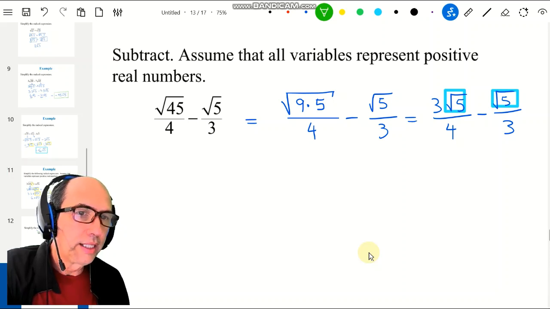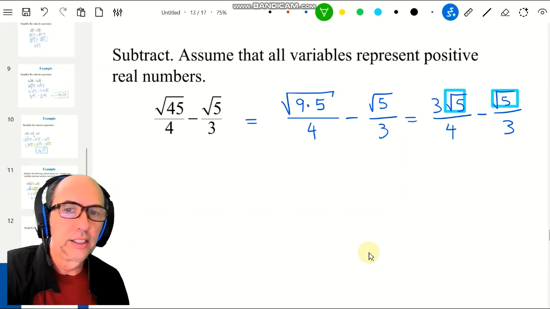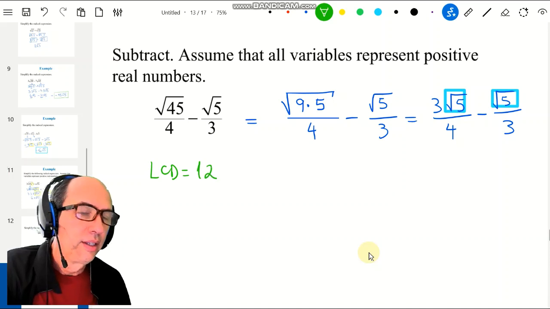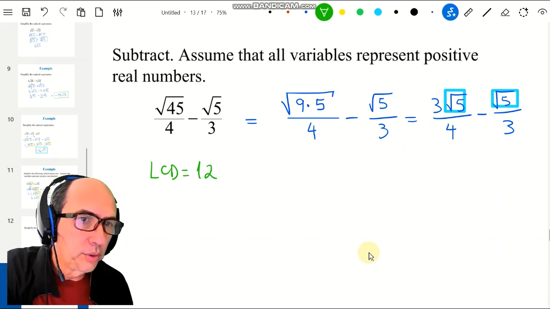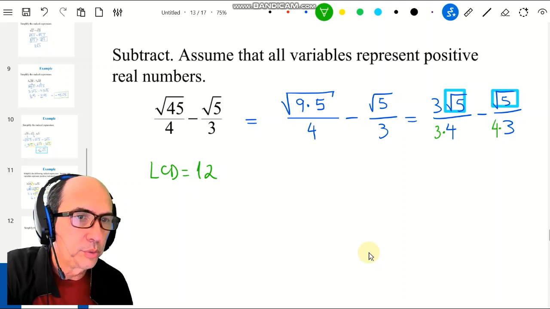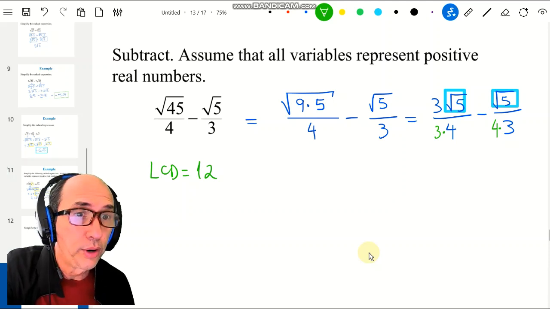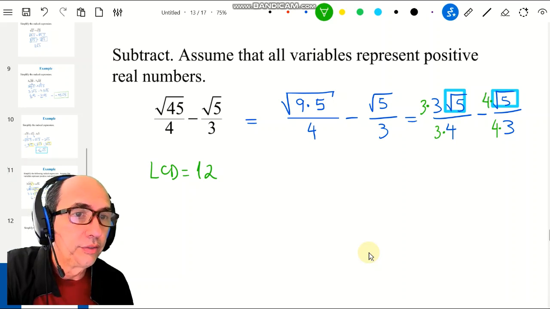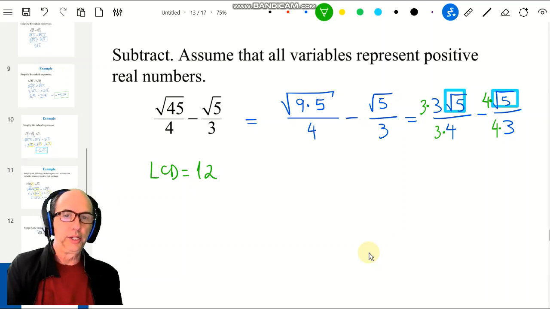We need to find the least common denominator. Between 3 and 4, the least common denominator is 12. To have 12, I have to multiply by 3. To have 12 here in the denominator, I have to multiply by 4. But don't forget, we need to do the same thing on the top of each one of the fractions so we don't change the ratio, okay?